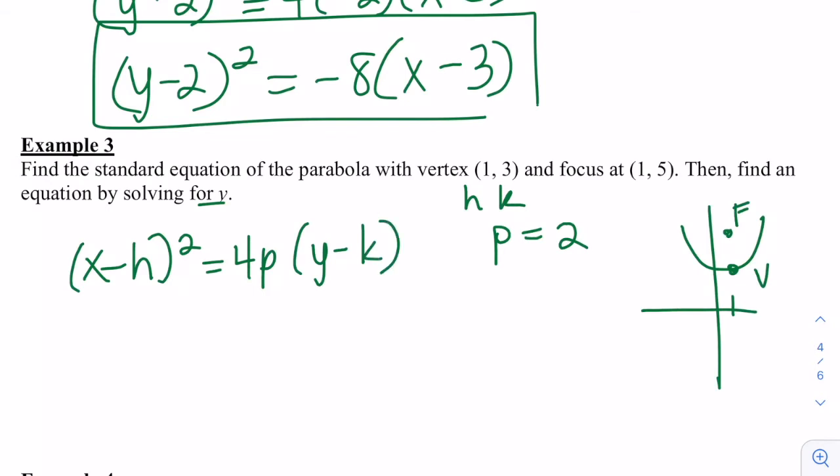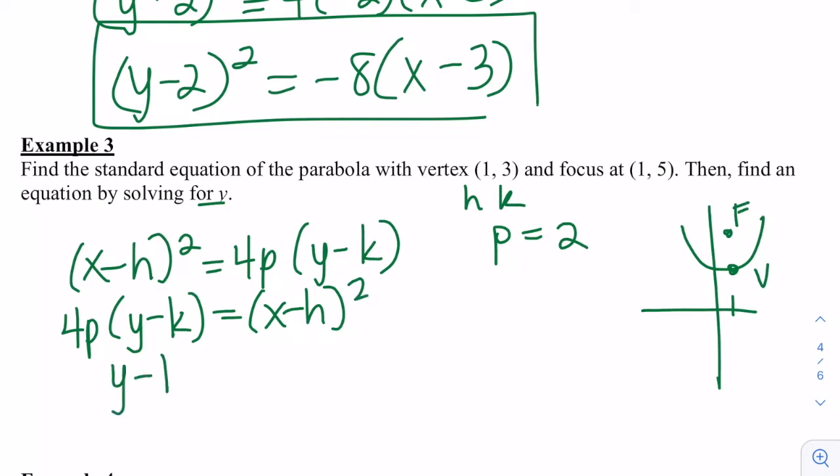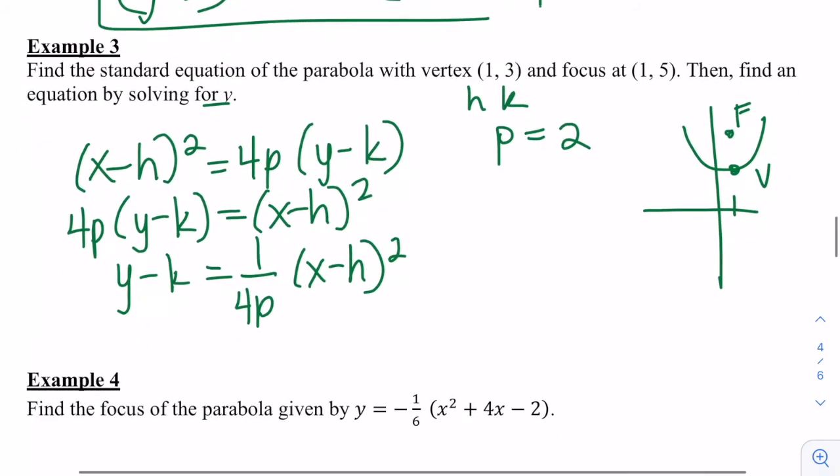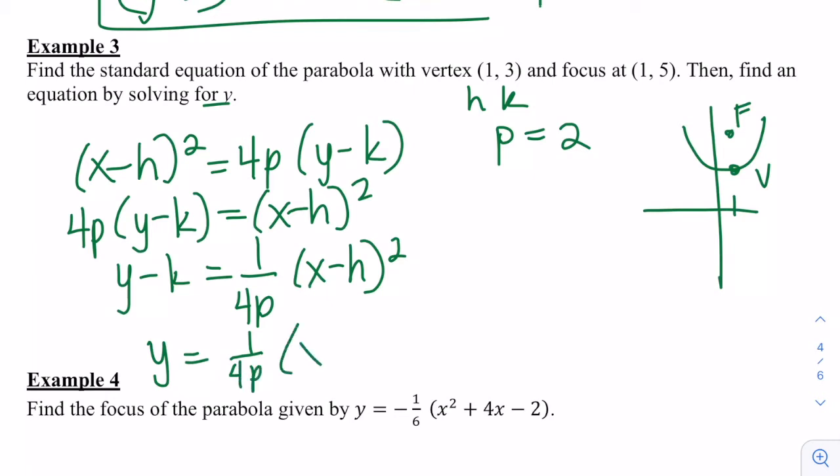I'm just going to solve this for y right now. Let me just flip it around. We have 4p(y minus k) equals (x minus h) squared. y minus k equals 1 over 4p times (x minus h) squared. So y will equal 1 over 4p times (x minus h) squared plus k.